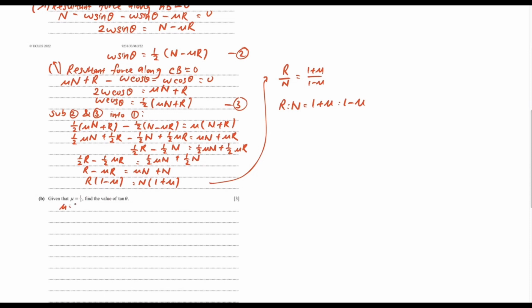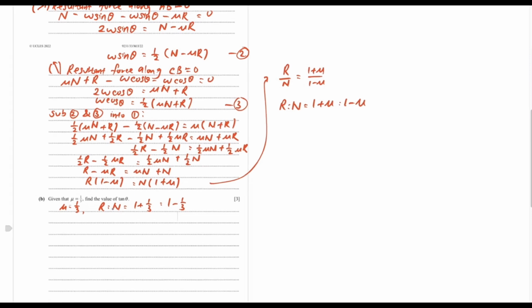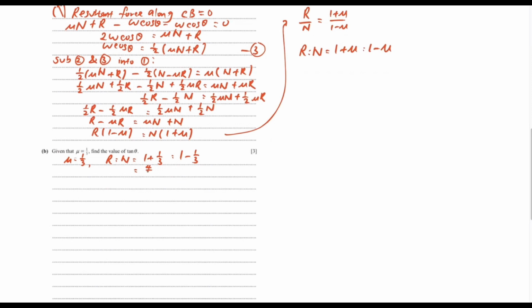When mu equals 1 over 3, R to N is 1 plus 1 over 3 to 1 minus 1 over 3, which is 4 over 3 and 2 over 3. Simplify the ratio, I will get 2 to 1, where R divided by N is 2 divided by 1. So R equals 2N. So at least I get this relationship.